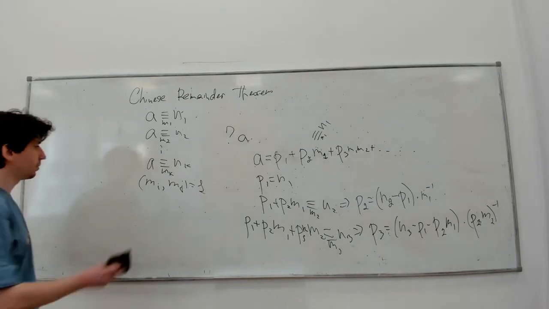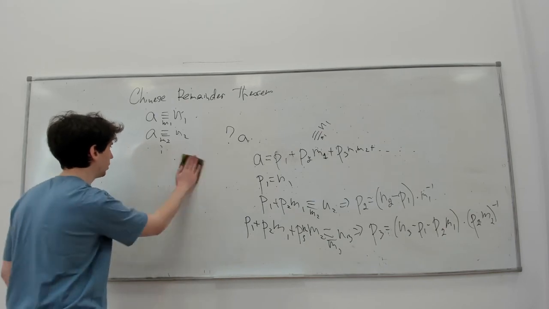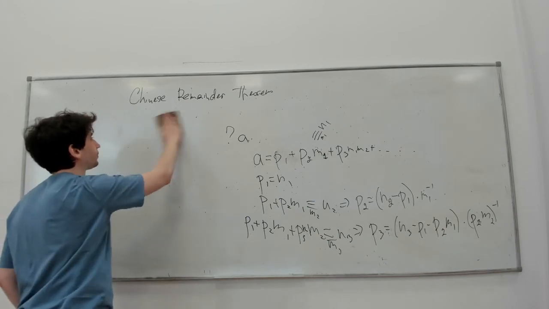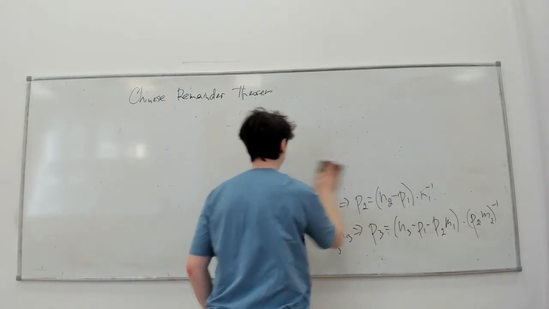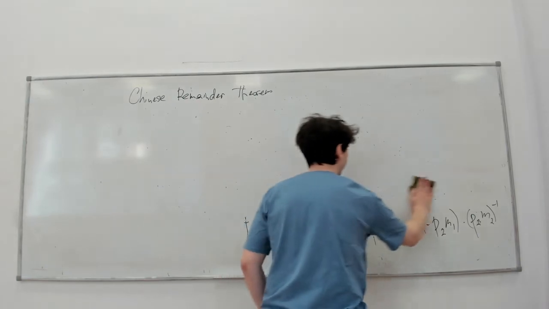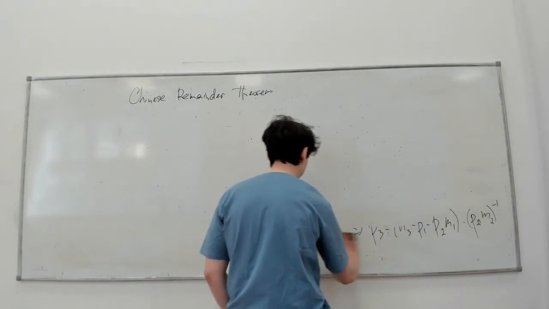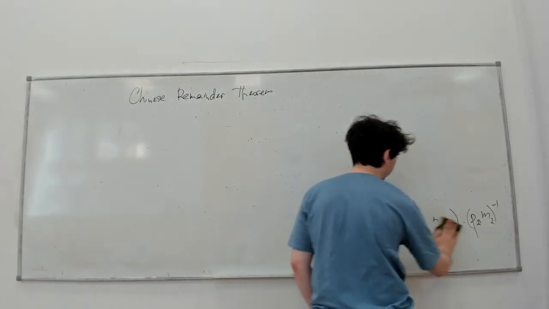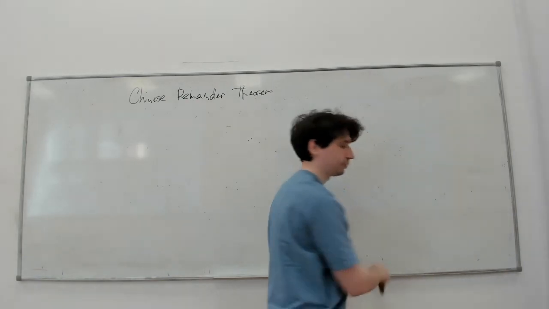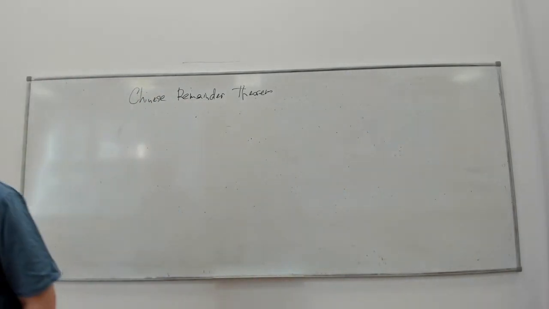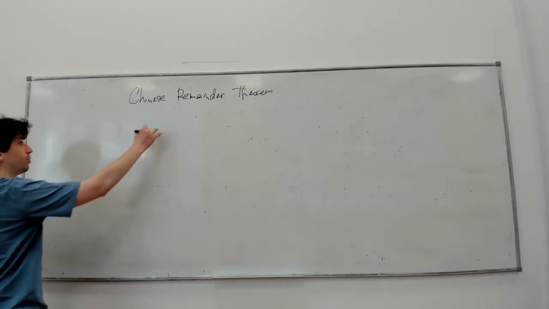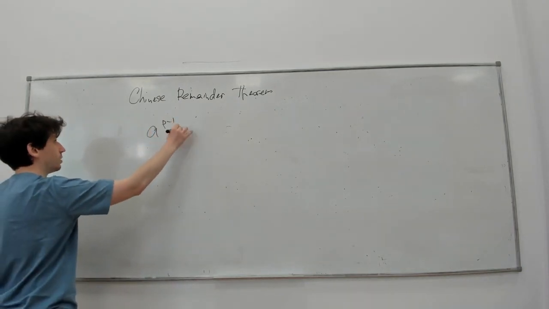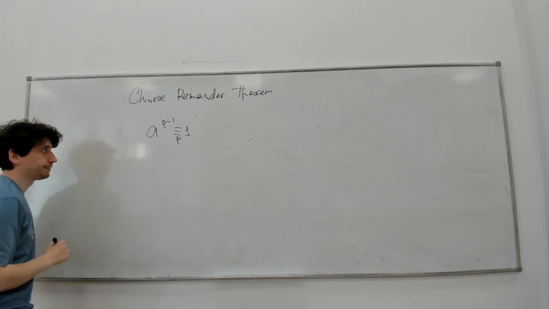Okay, let me then finish with the little Fermat theorem. How to prove it? You want to prove that a to the power p minus 1 modulo p equals 1.